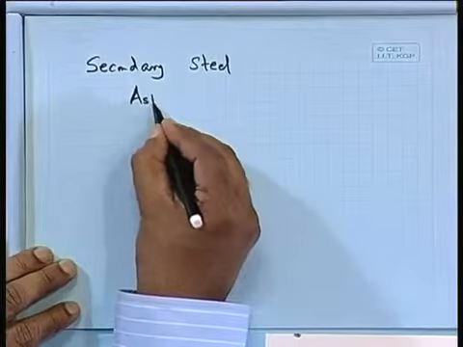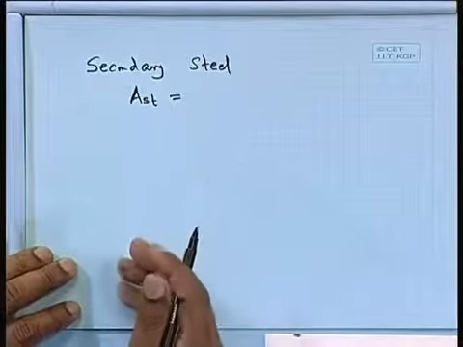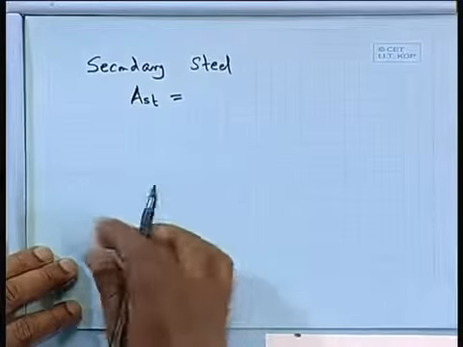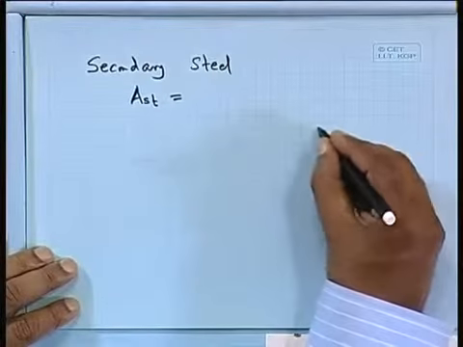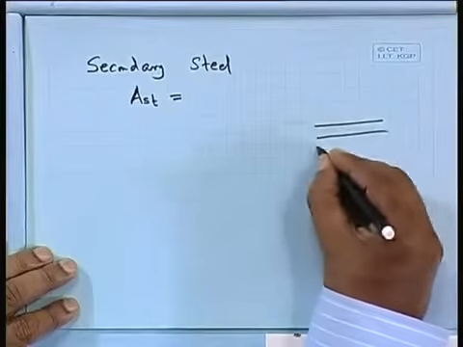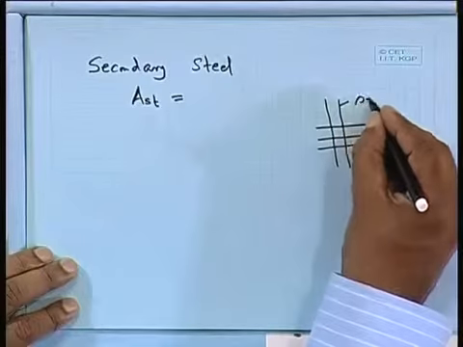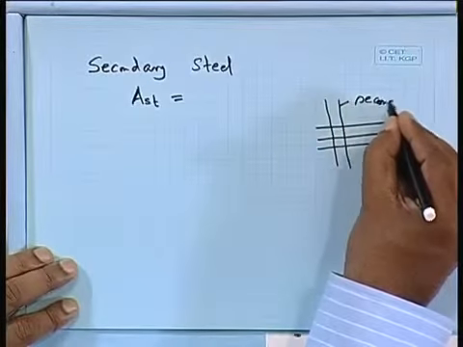Secondary means the other way. Whatever longitudinal steel we are providing along the span, the other side is the secondary steel, or we call it distribution steel.